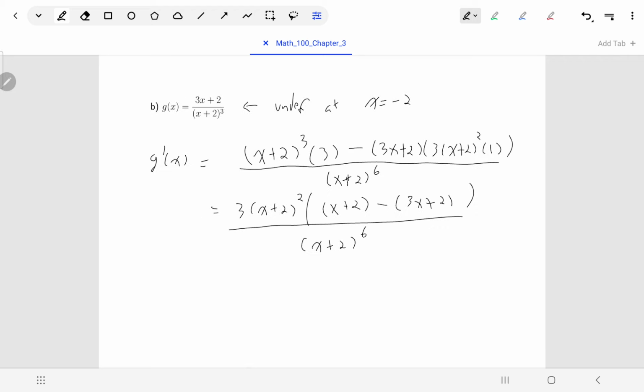Then I can do one last bit of cleaning up. I can see that the x plus 2's I can cancel out. And what I've got inside my bracket is x minus 3x, so that's -2x, and 2 minus 2, the 2's will be gone.